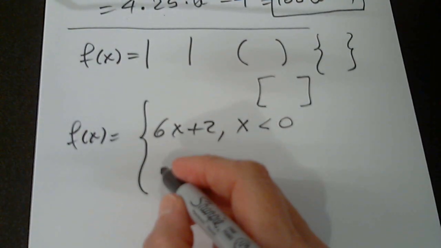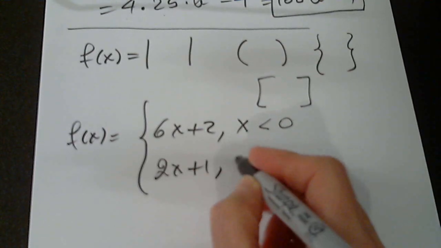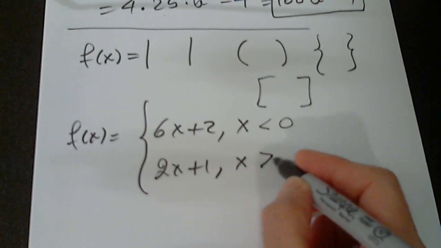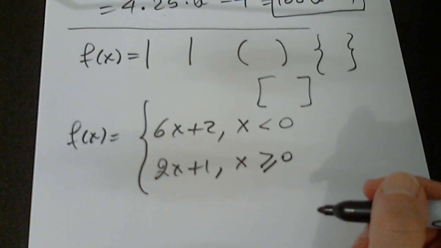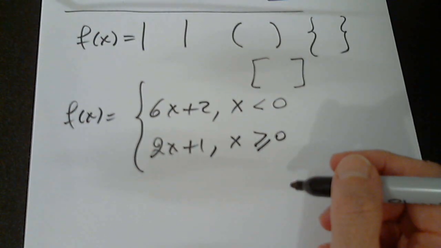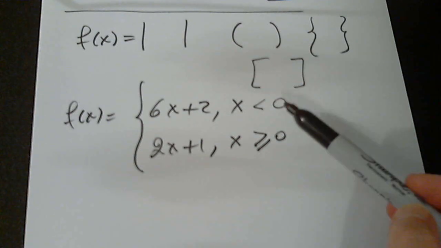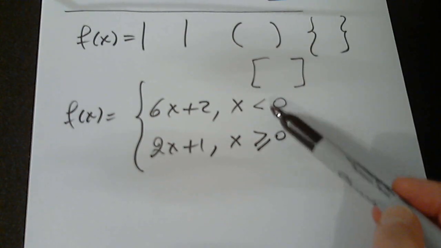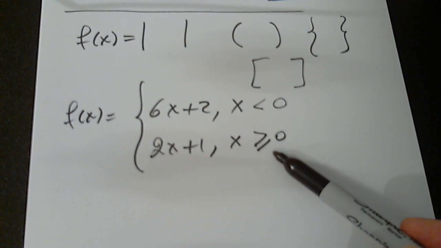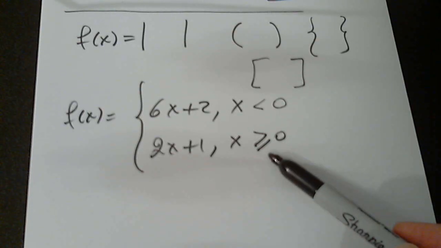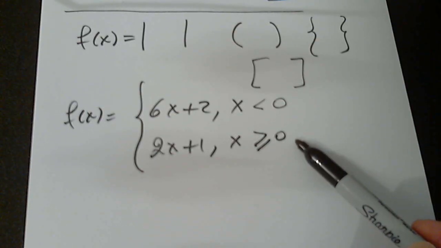And then 2x plus 1 if x is less than or equal to 0. So then it's not possible. If this one is less than 0, this one cannot be less than or equal to 0. It will not be a function. So you mean greater than or equal to 0.